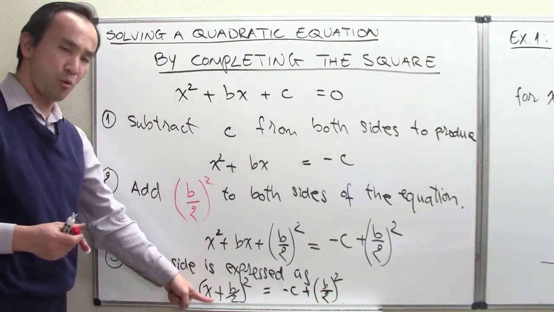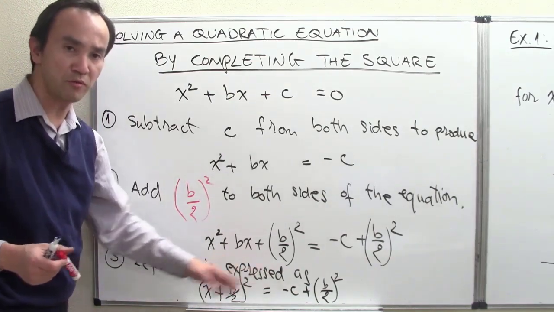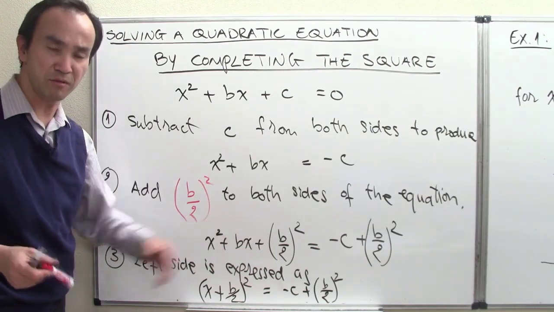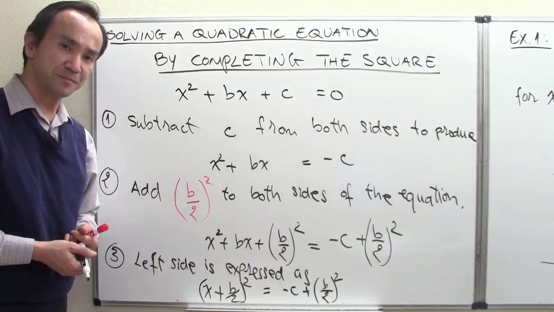Okay, and then from that point on, we're going to apply the square root property, and the later steps are simply applying the square root property, which was also delivered in an earlier lesson.